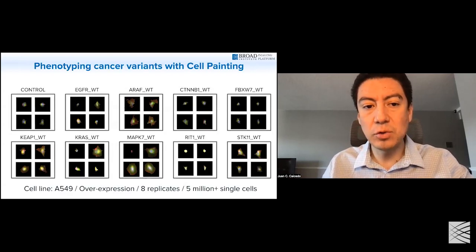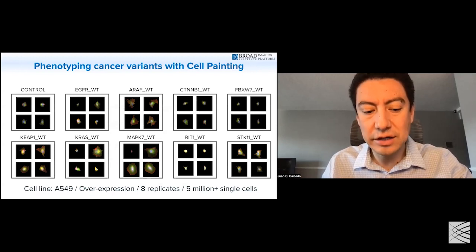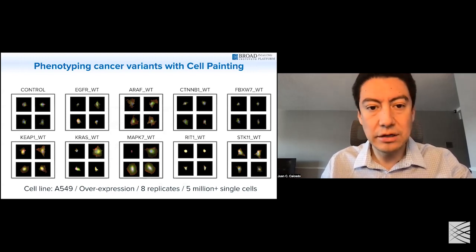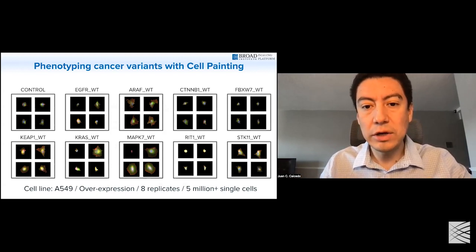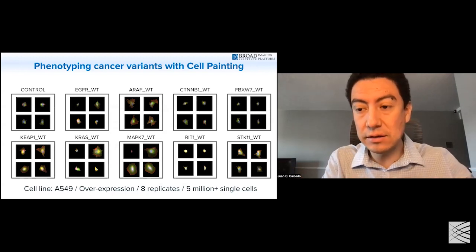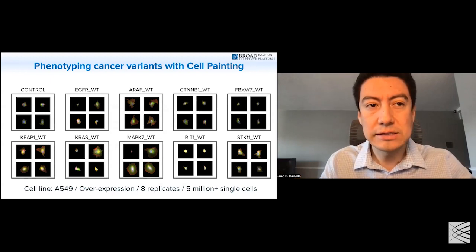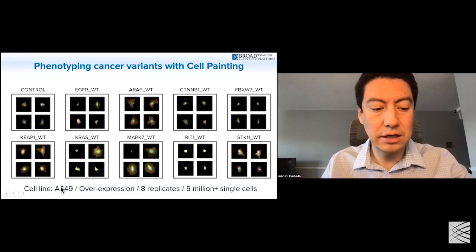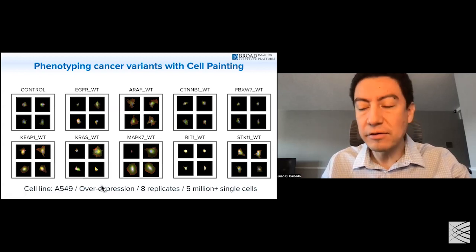So in our project, we were looking specifically at cancer variants, and more specifically, lung cancer. So we used the cell painting assay in order to create a data set where we tested a pool of variants that were already reported as being present in the tumors or samples taken from real patients in the clinic. The set of variants was tested and introduced in a subset of A549 cells.